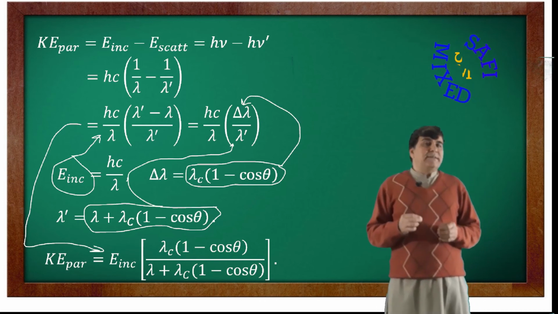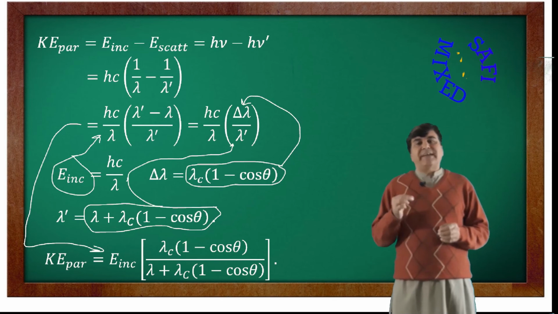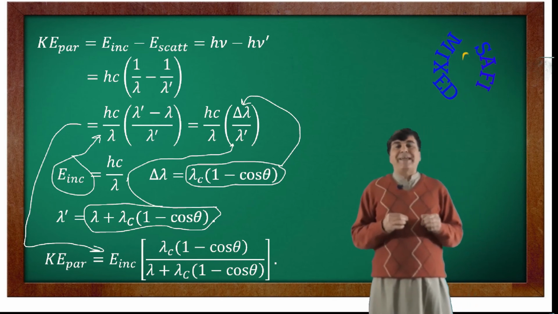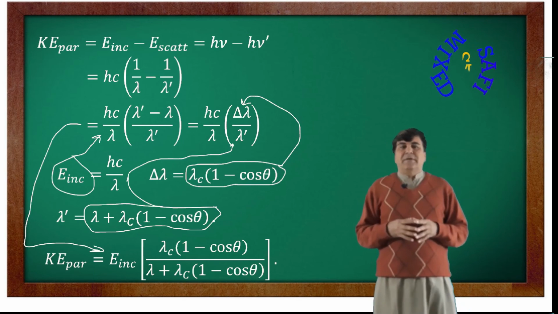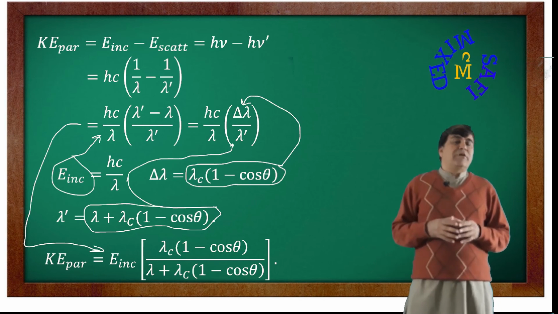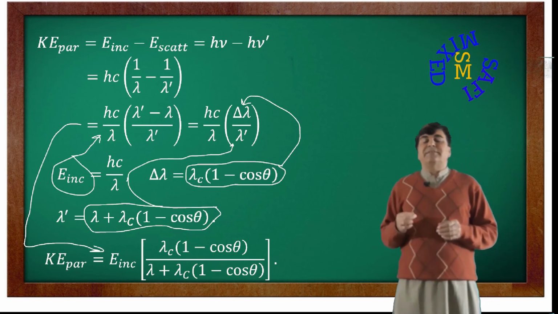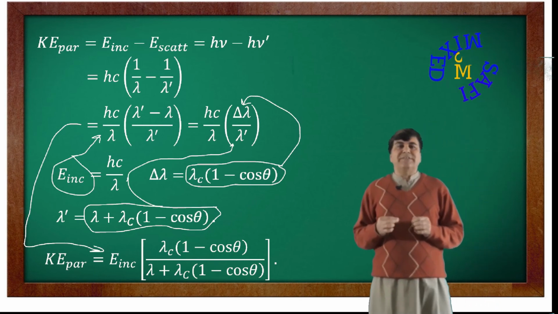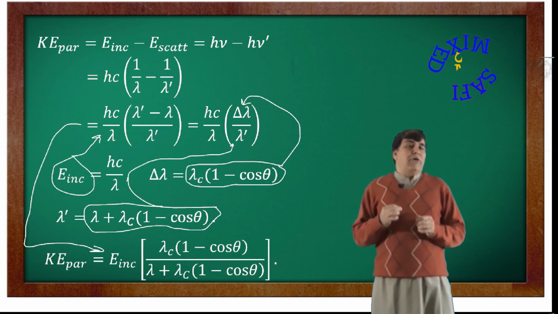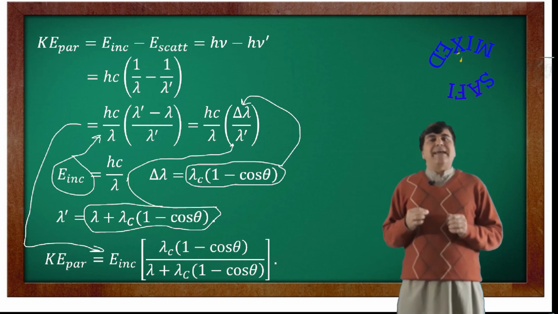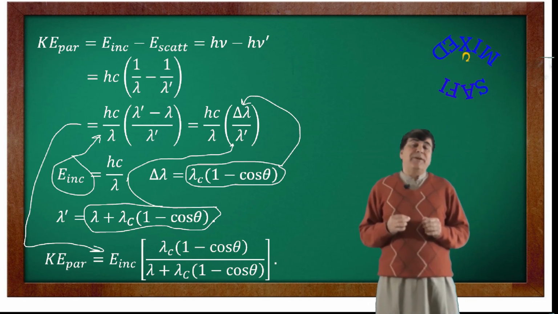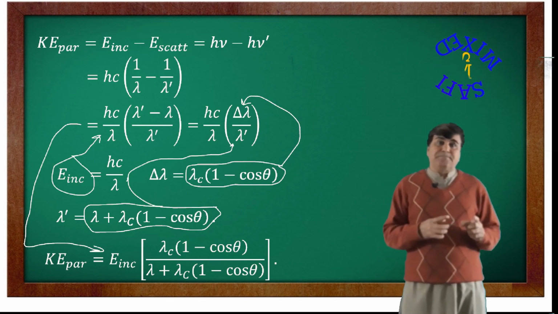This equation clearly dictates that the energy of scattered electron is directly proportional to the energy of incident photon. Now, if we keep on decreasing the energy of incident photon, the kinetic energy of scattered electron also decreases with E incident. However, along with the decreasing E incident, the wavelength lambda of the incident photon in the denominator increases.